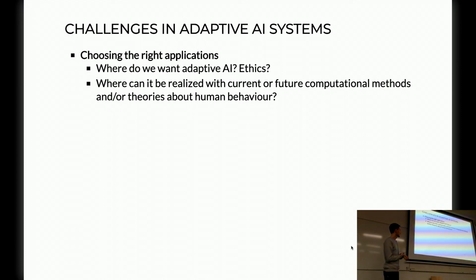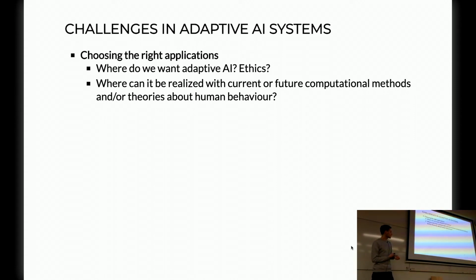So one important thing is choosing the application carefully. Like, where do we actually want adaptive AI systems? And there are some ethical questions also. Many of the adaptive systems that we are using currently, we might not even know that we are using.